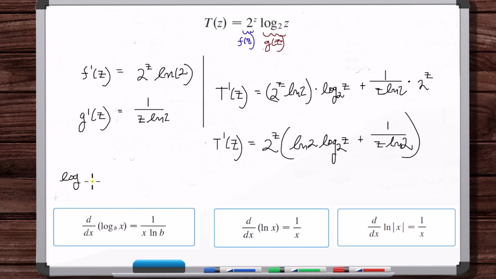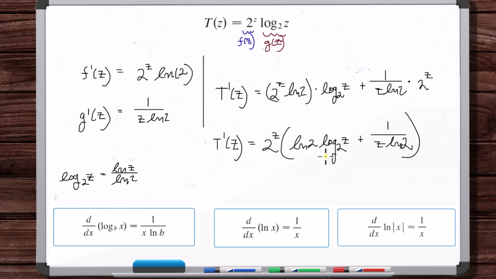If we wanted to change this into a natural logarithm, this is equal to natural log of z over natural log of 2, right? That's the change of base formula.